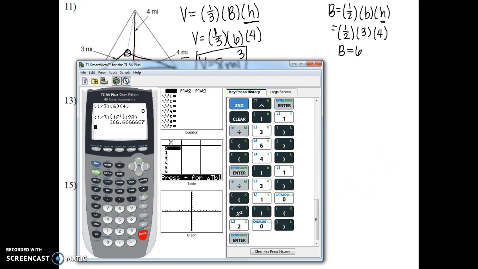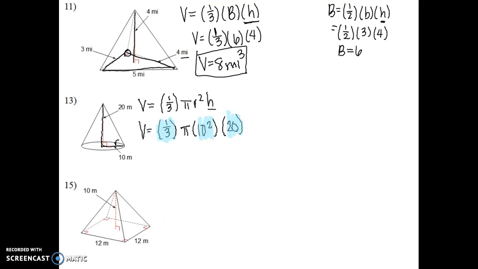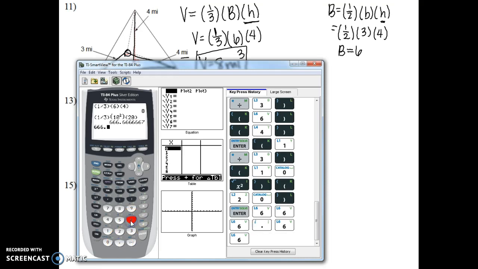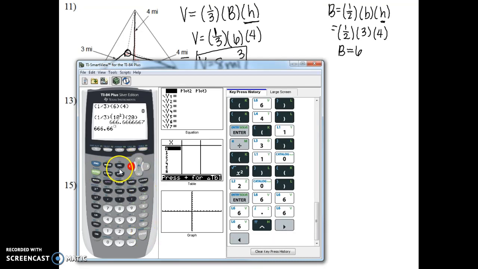We would get 666.66, and we drop our pi. But if we wanted our decimal, we would say 666.66 multiplied by our pi. So that is pi, not square.